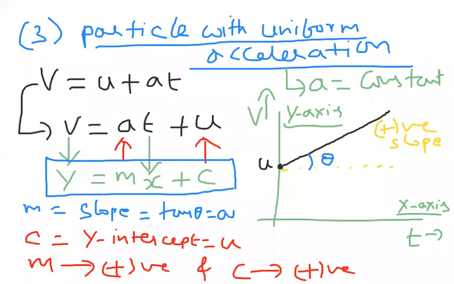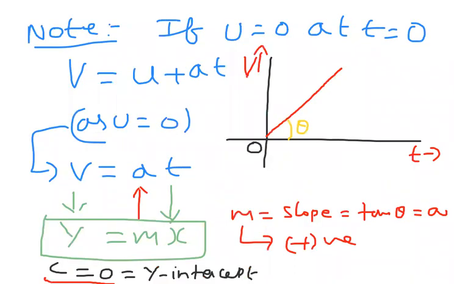After this, we took some note points here. If u is equal to 0 at t equal to 0, with velocity on the y-axis and time on the x-axis, then u equal to 0 at t equal to 0 means you have to start the graph from the origin. And here a is the slope and it is positive. Already we know that slope is positive.